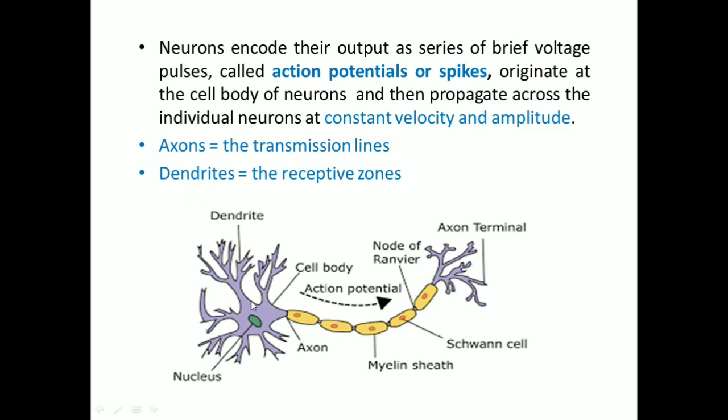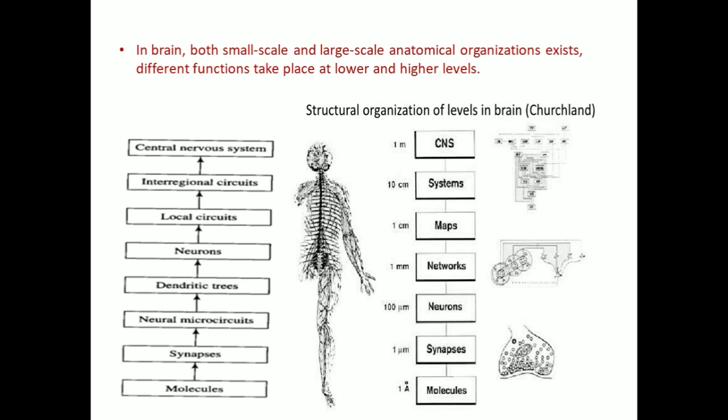Here comes the structural anatomical organization of levels in our brain according to Churchland. In our brain there are both small scale and large scale anatomical organizations, where different functions take place at different levels. At lower levels there are some functions, and at higher levels different types of functions take place.